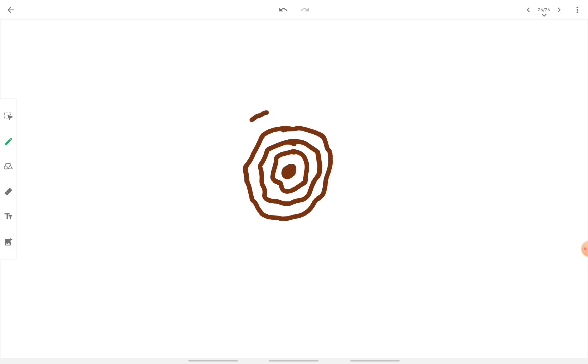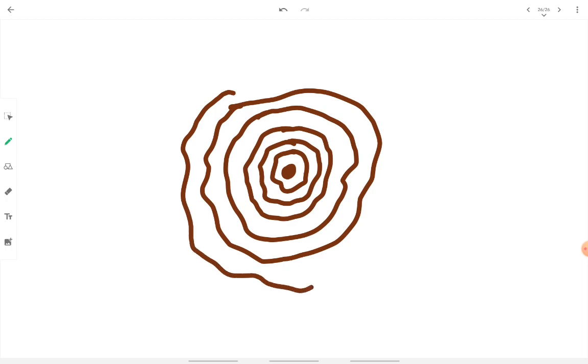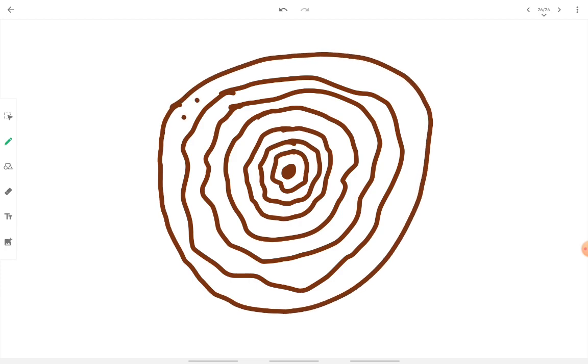Then we saw the soft kind of wood present in the timber cross section. It is called sap wood. Then came a layer which was sap, but yet to become sap wood. That layer was the cambium layer.